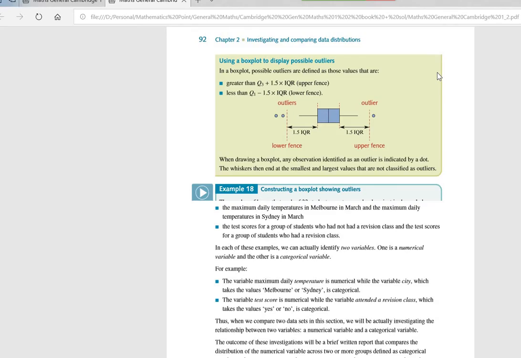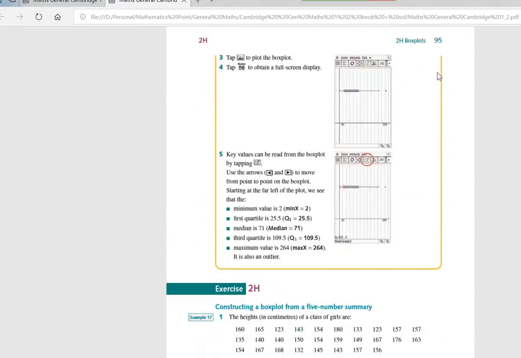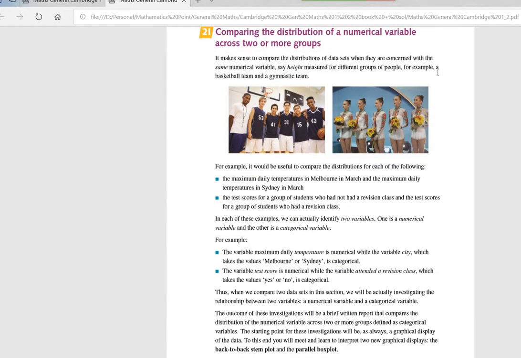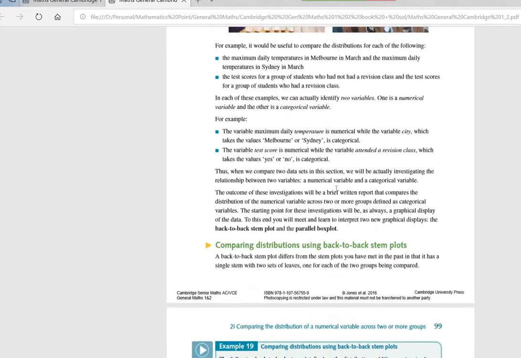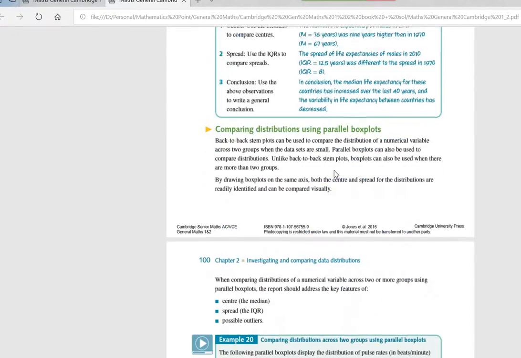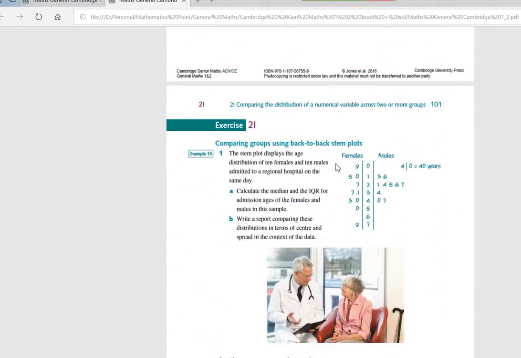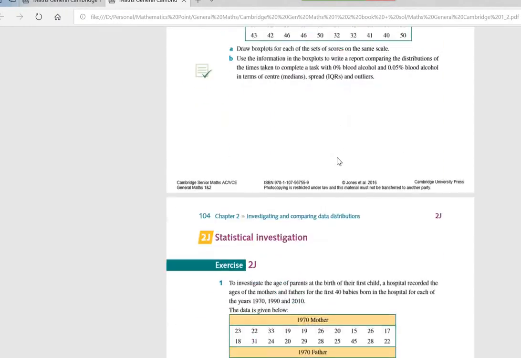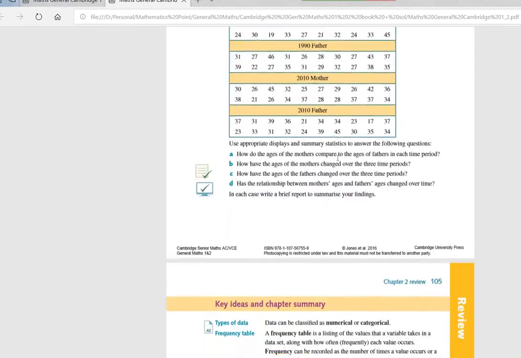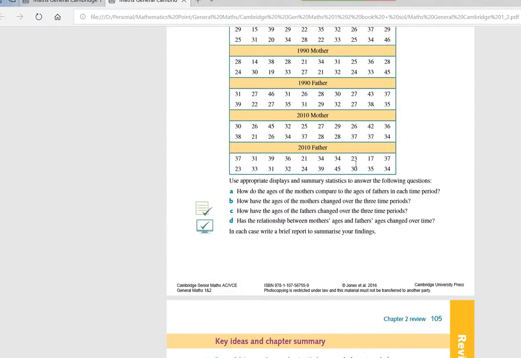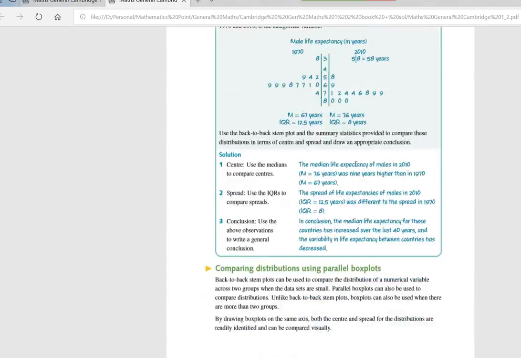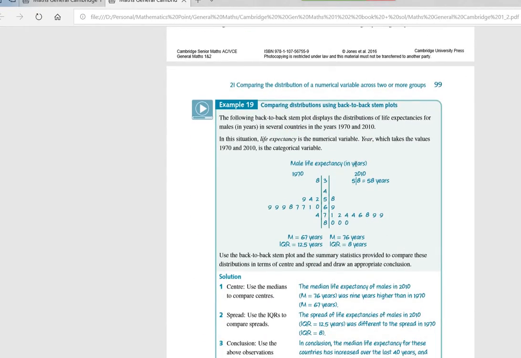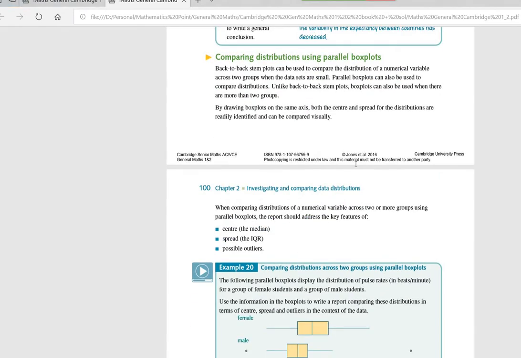This is box plot. You remember the 5-point summary? No. Wasn't it the outliers? Yeah. So let's do box plots first, right? Okay.